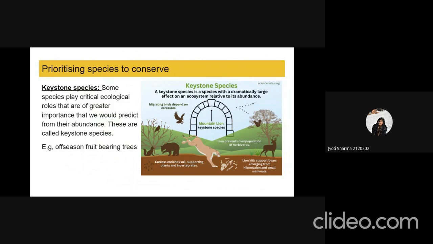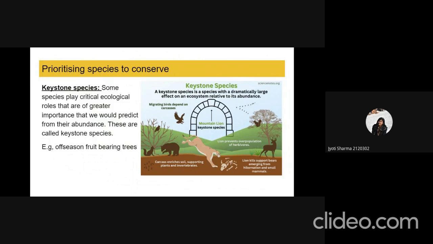Another function is that because it kills prey, there may be some organic matter in the soil. This organic matter enriches the quality of the soil, so it is maintaining soil fertility as well. Here we can see carcass and rich soil supporting plants and invertebrates.